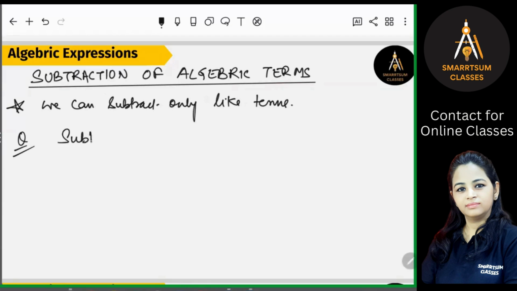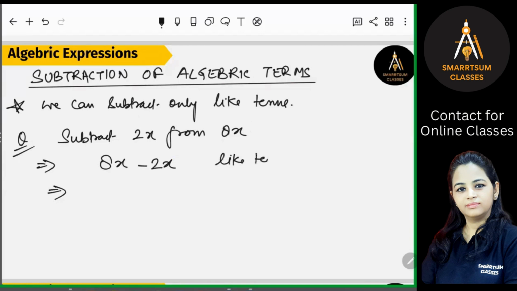Subtract 2x from 8x. So what will you write? Since you are subtracting 2x, you will write it second, and since you are subtracting from 8x, you have to write 8x first. So 8x minus 2x. Both are like terms having the same literal factor x, so we can subtract their numerical values. 8 minus 2 is 6x.